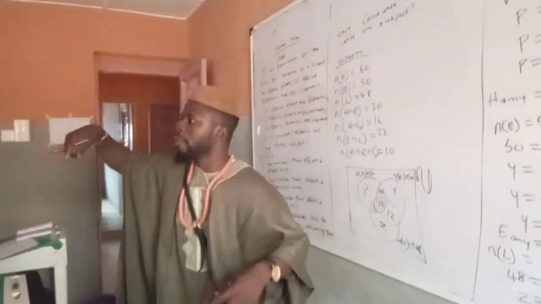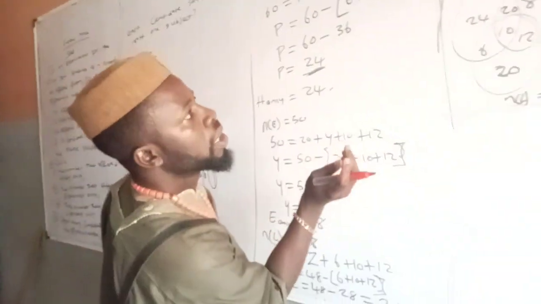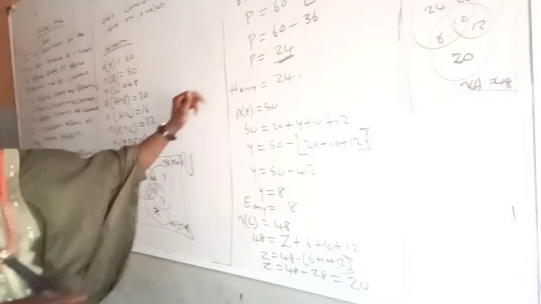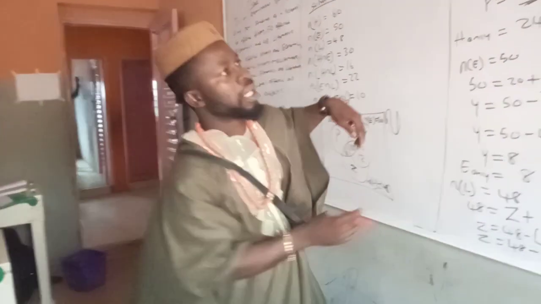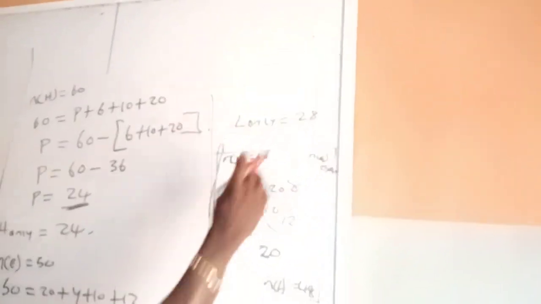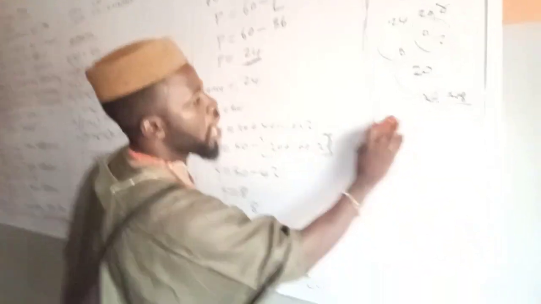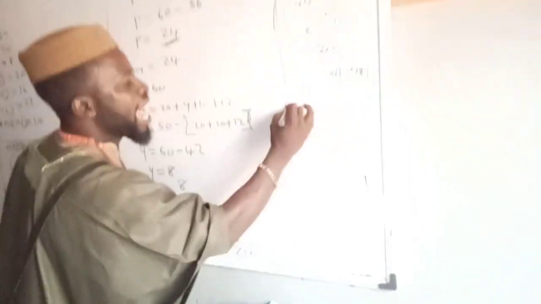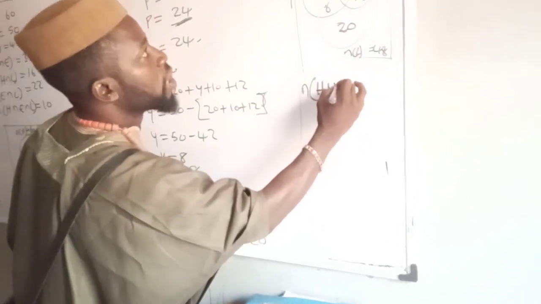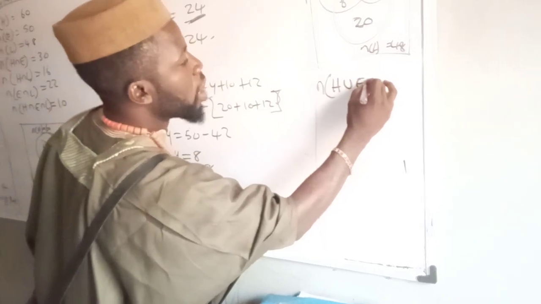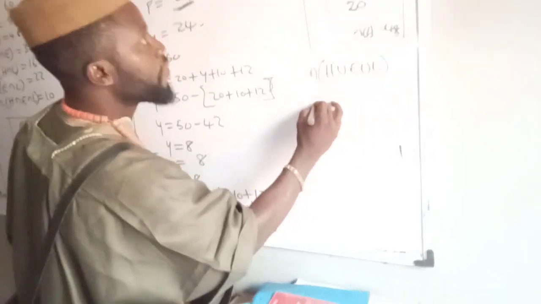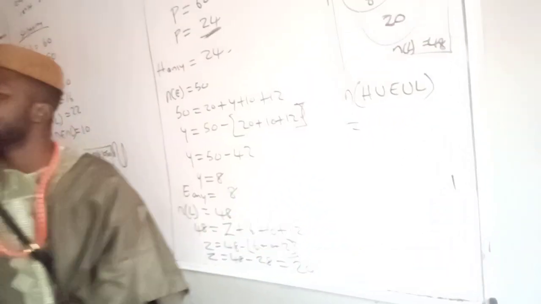So you are now asked to find the total number of candidates that sat for the examination. Okay, this is 20. So we have 20 there. Thank you. So now, what they're asking us is n of H union E union L, which will give us, we add everything together without any repetition.